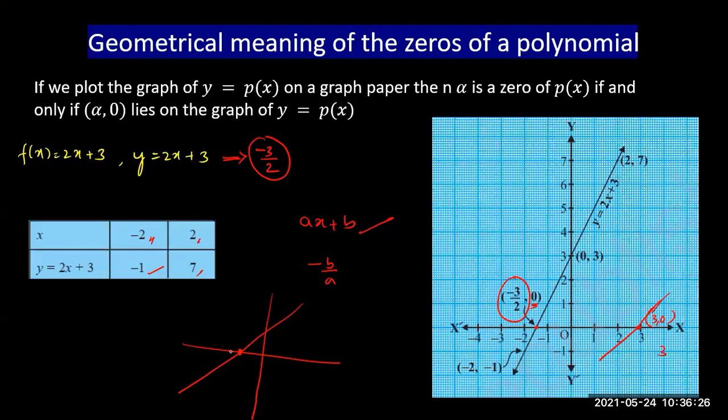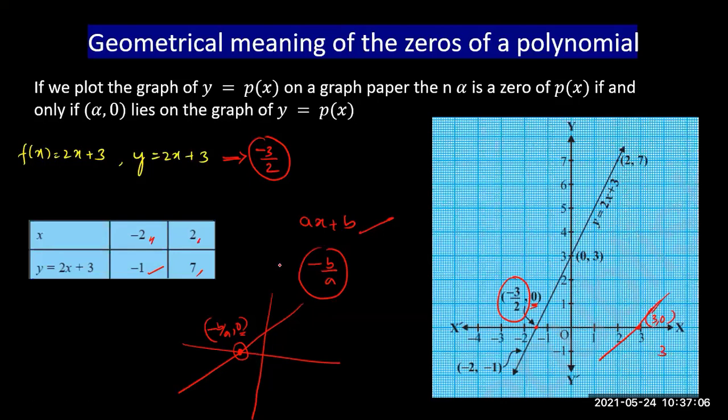Can you tell what are its coordinates? They are minus b by a and 0. Are you agreed with me? Because the zero of the polynomial is minus b by a. In that case, the x coordinate will be minus b by a and y will obviously be 0, because the point is lying on the x-axis. Clear?